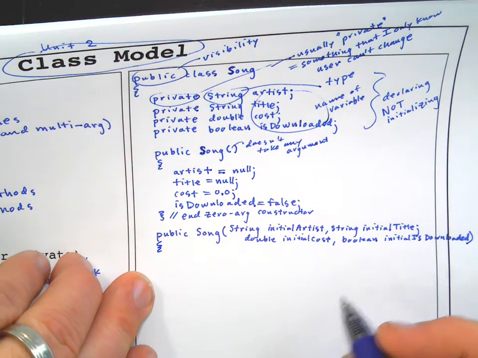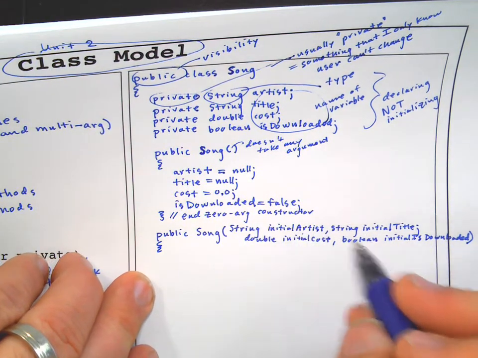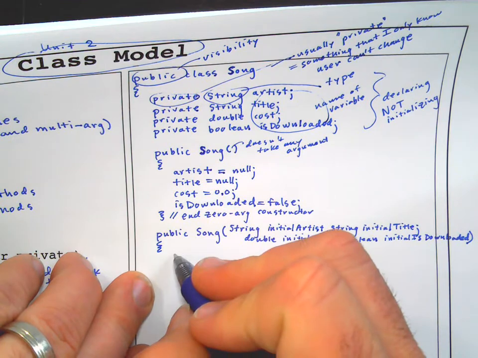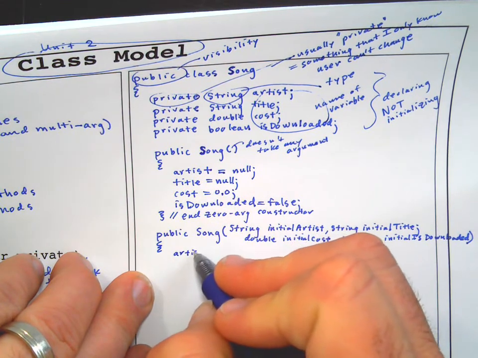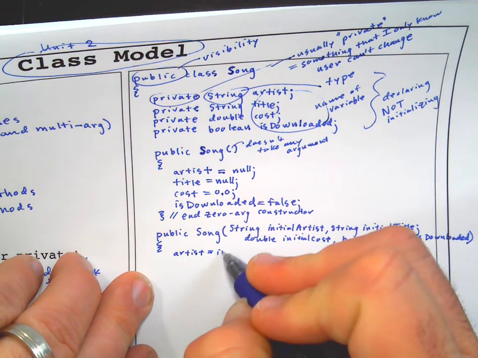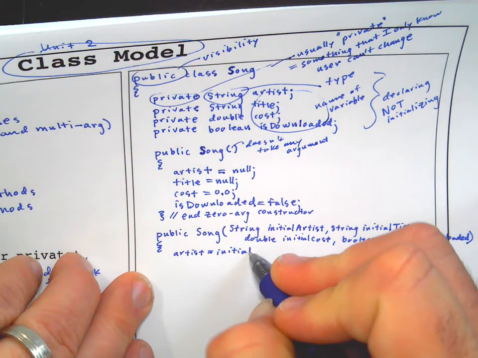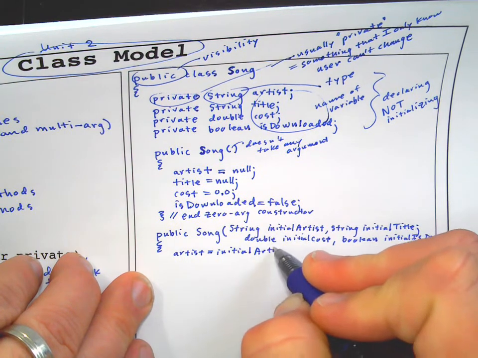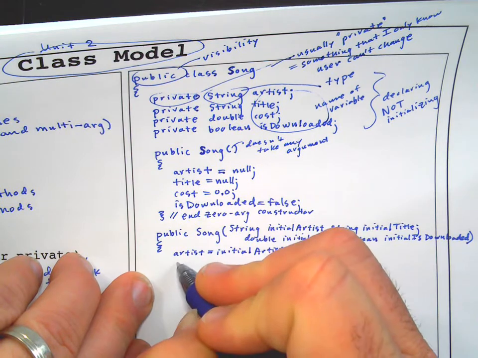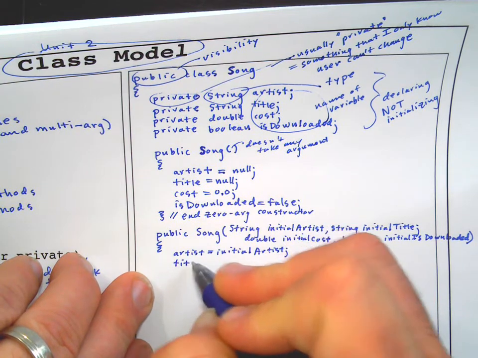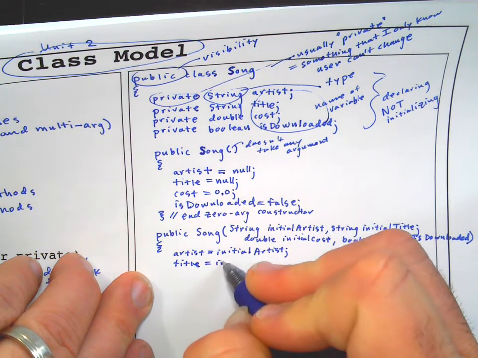Then what we do is we say, well, let's put these and assign them to all those values that they're supposed to go in. So we're going to say artist equals initialArtist. And we're going to say title equals initialTitle.